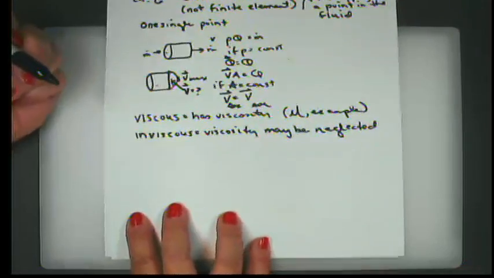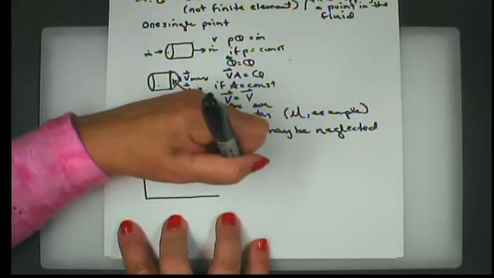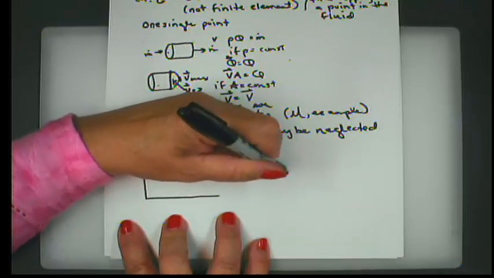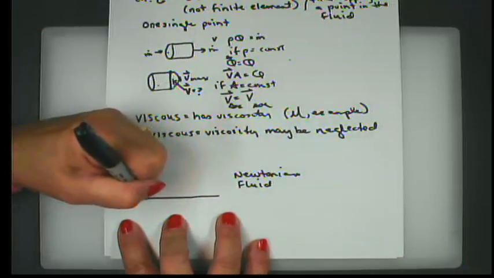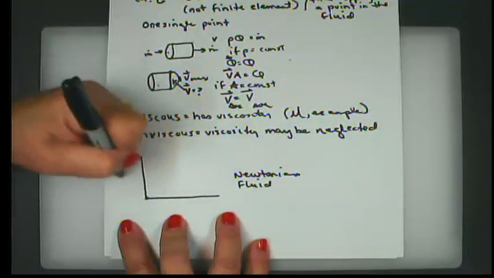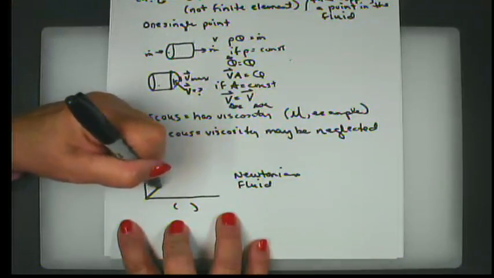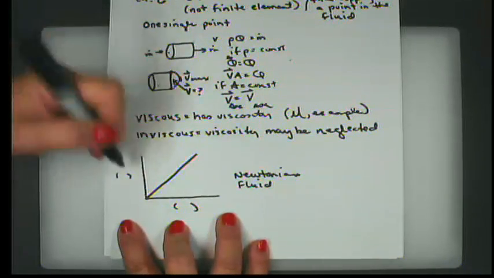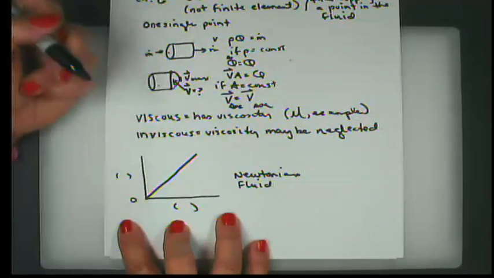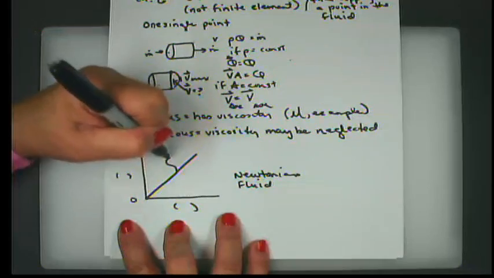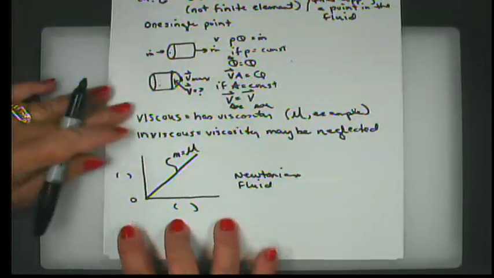Now, all of these are definitions, so I'm kind of building this into our lecture. But for a Newtonian fluid, we know that this relationship, and I'm not labeling these axes on purpose, we'll talk about that later, but basically we have a relationship between shear stress and shear strain, where when one is zero, the other is zero, and where the slope is constant, and the slope of this line is equal to the viscosity.